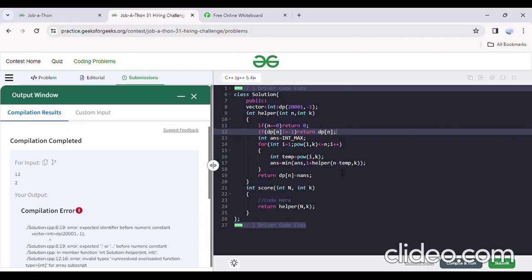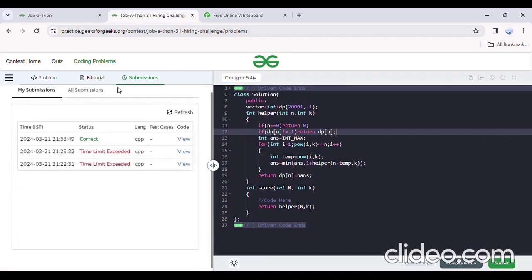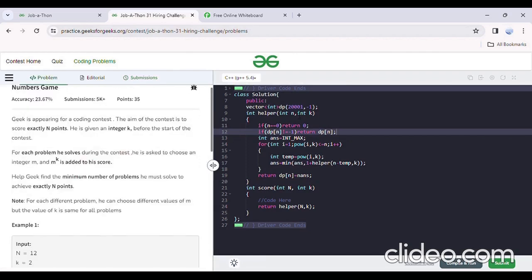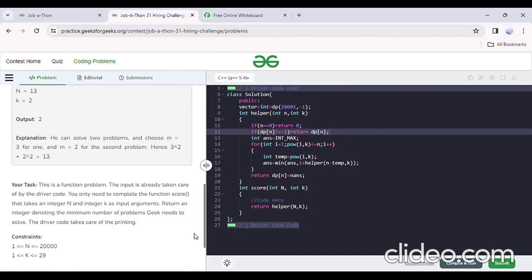Here guys, vector, where did I go wrong? I took 20,001 because n may vary up to 20,000.